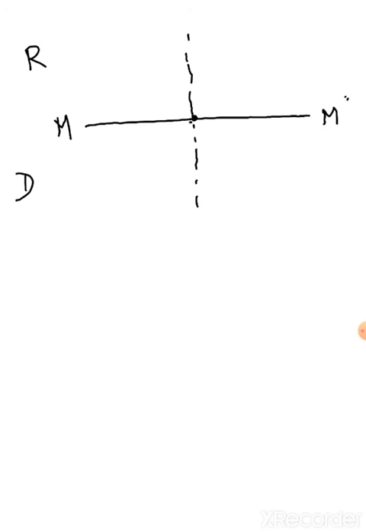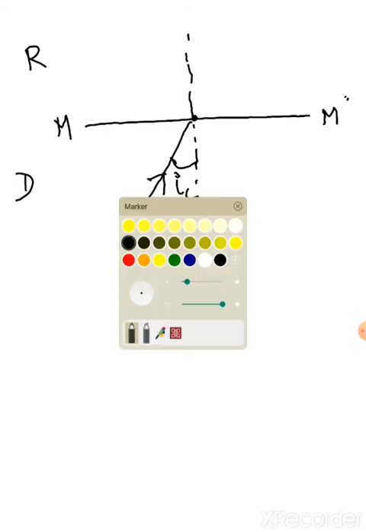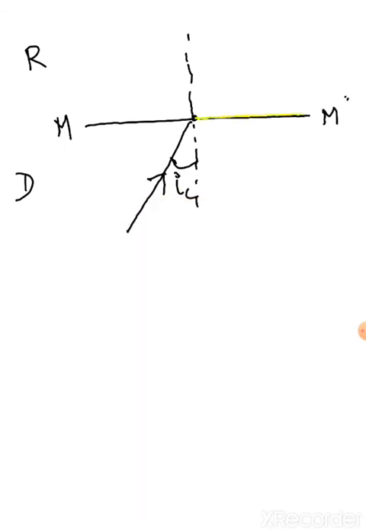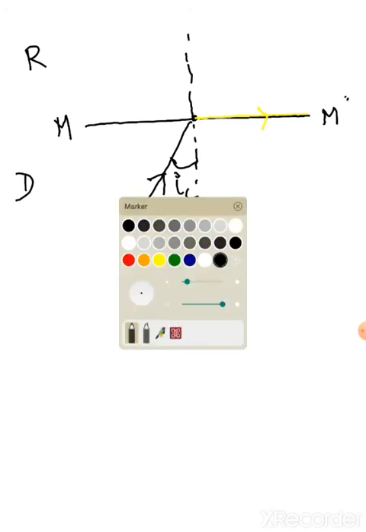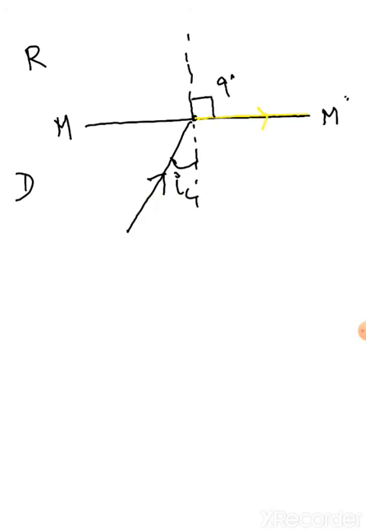Now this is my incident ray, and this is my critical angle. At that position this would be my refracted ray, and this would be my angle of refraction, isn't it?